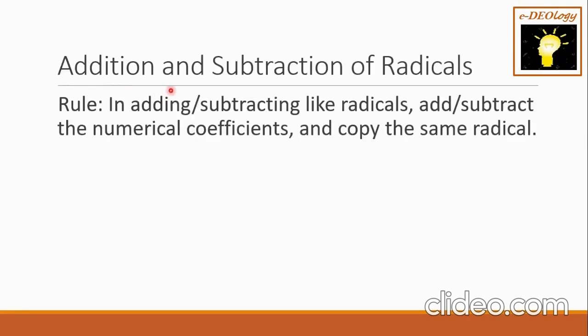Let's go now to addition and subtraction of radicals. As a rule, in adding or subtracting like radicals, add or subtract the numerical coefficients and copy the same radical. In symbols, we have a nth root of x plus or minus b nth root of x.